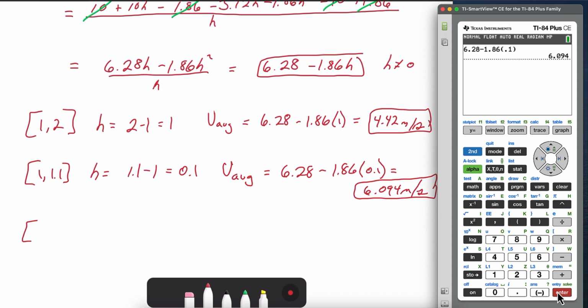And then we're going from 1 second to 1.01 seconds. Here h would be 0.01. So the average velocity is 6.28 minus 1.86 times 0.01.